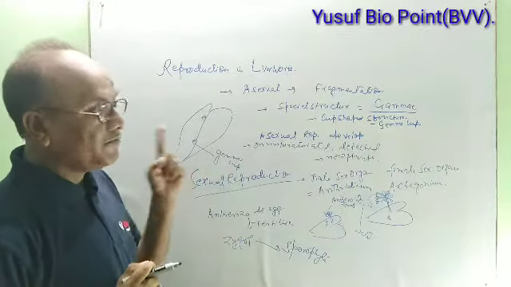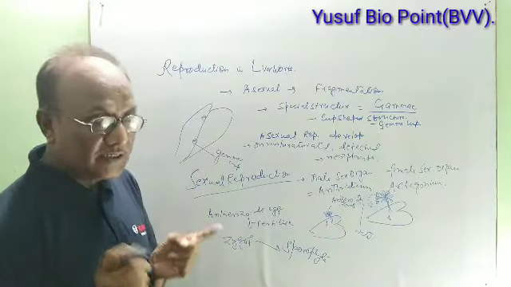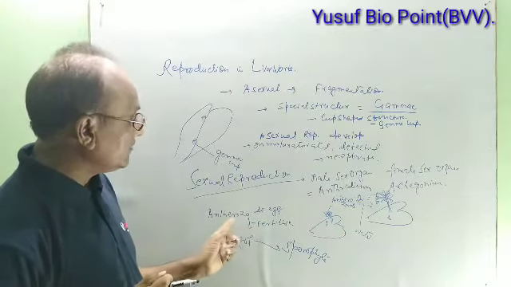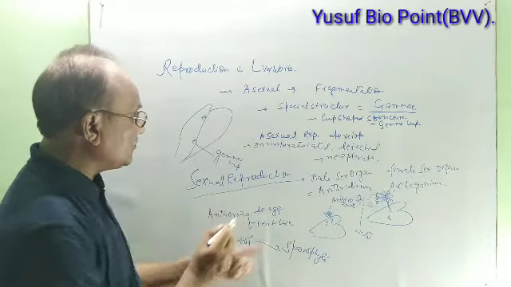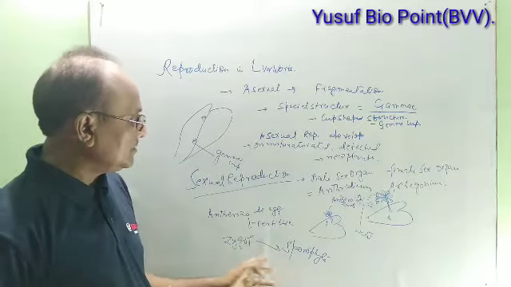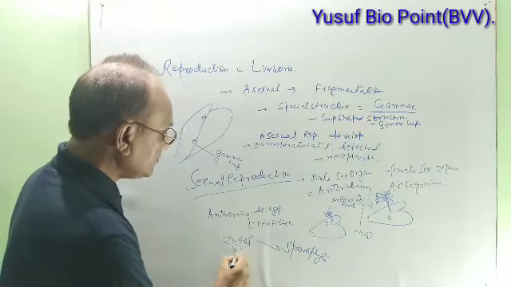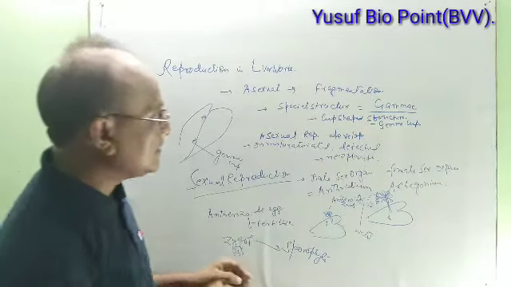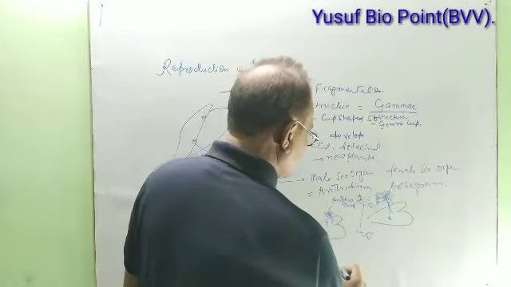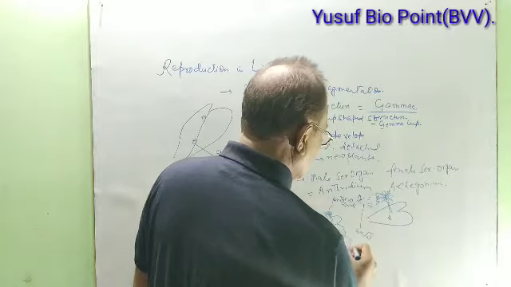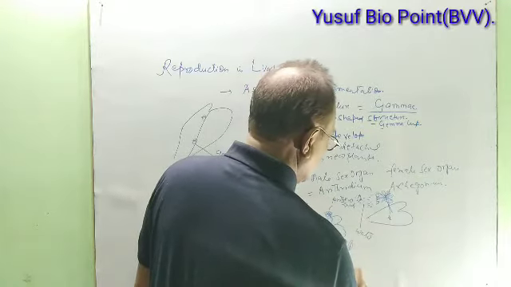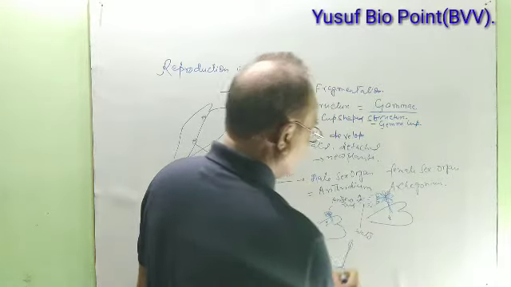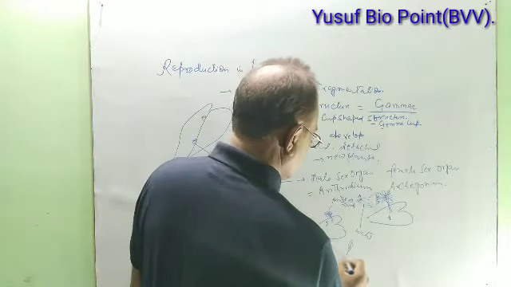So the number of chromosomes is n, and after the fertilization of male gamete with female gamete, it becomes 2n, and the sporophyte is developed. On the gametophyte, the sporophyte is developed.